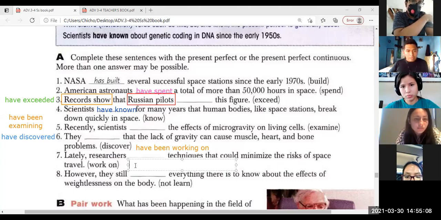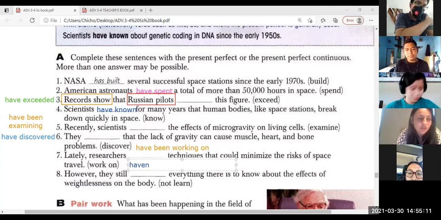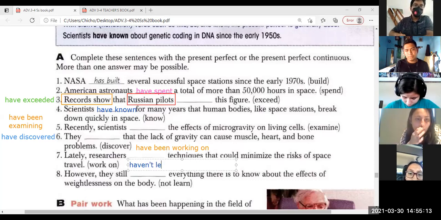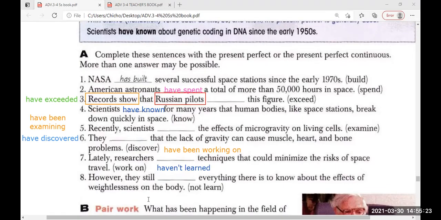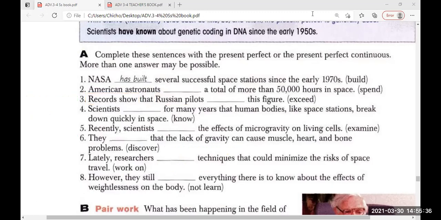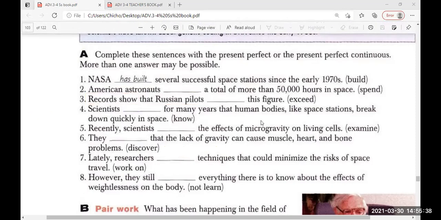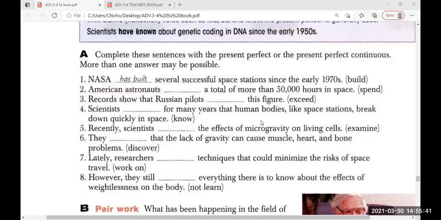Haven't learned, right? Yes. Very good. However, they still haven't learned everything there is to know about the effects of weightlessness on the body. Okay, very good. We are going to continue practicing this, the present perfect simple and present perfect continuous. I'm going to send you a link to the WhatsApp group so you can do these exercises, okay?